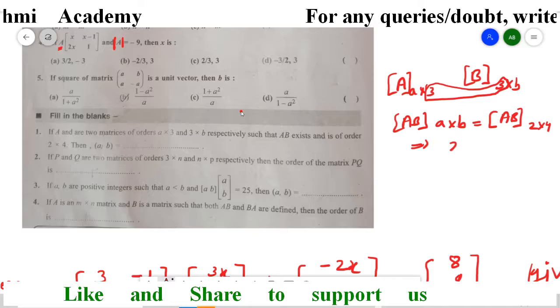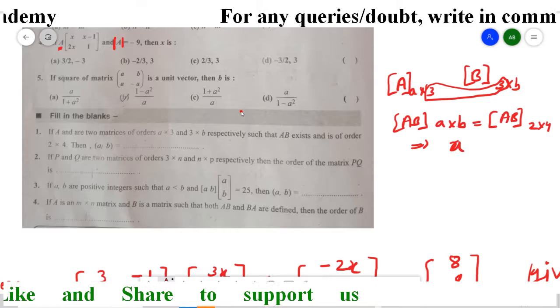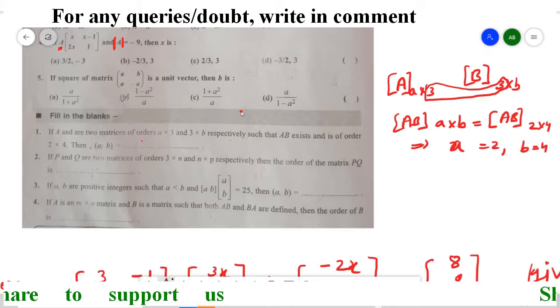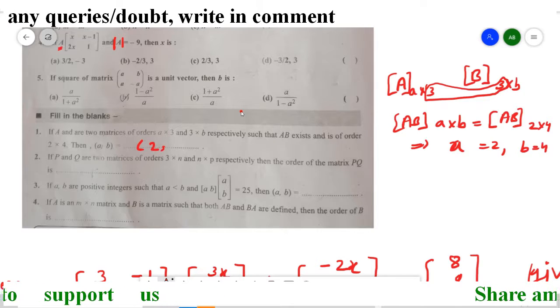So the conclusion is A is 2 and B is 4. That's why we will fill here 2 comma 4.